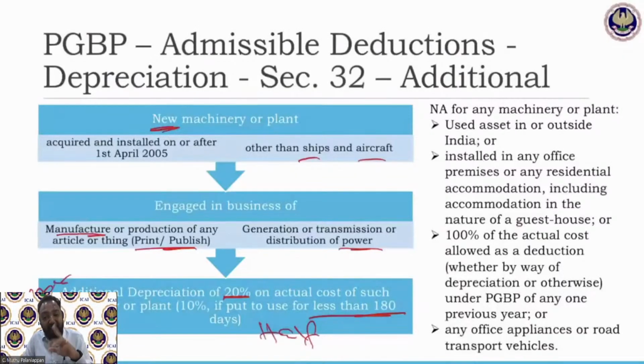Now, even if it is a plant or machinery, new plant or machinery, it is not allowed in certain situations. What are they? It is a used asset in or outside India, which means it is a second-hand asset. If you are purchasing a second-hand asset, it is not allowed.